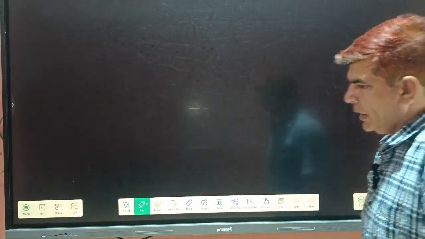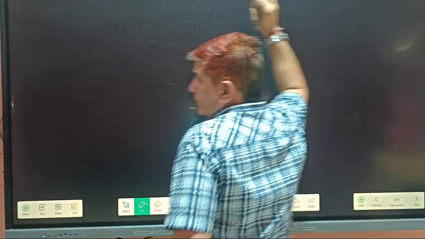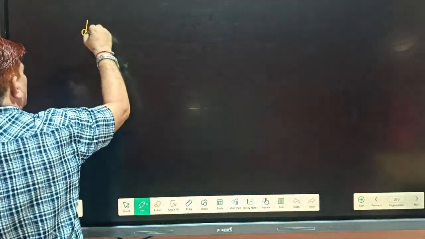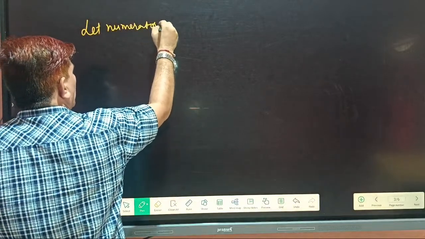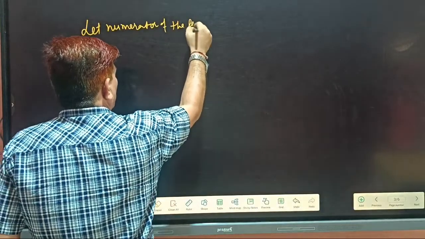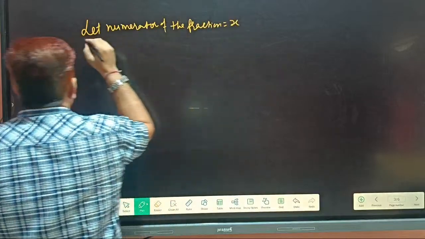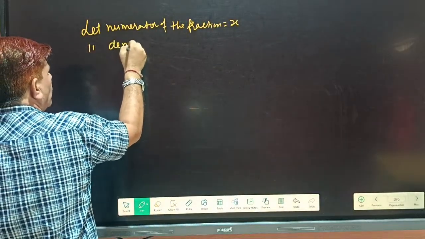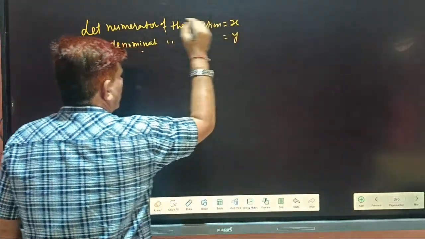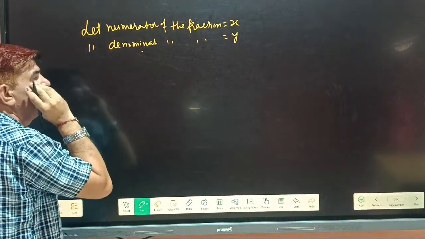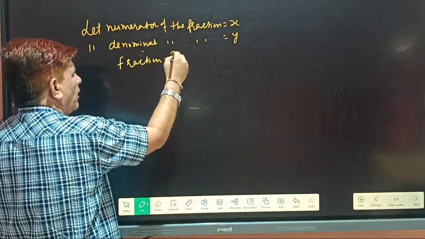Let the numerator of the fraction be x here. Let the denominator of the fraction be y. So the fraction is x by y.